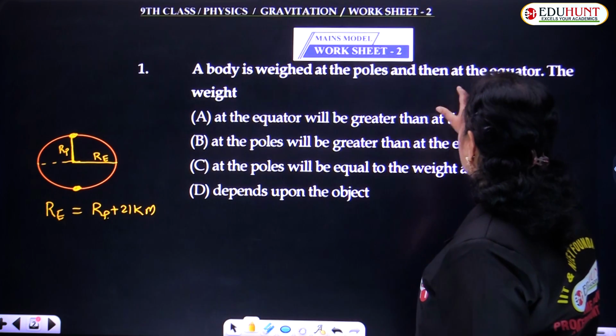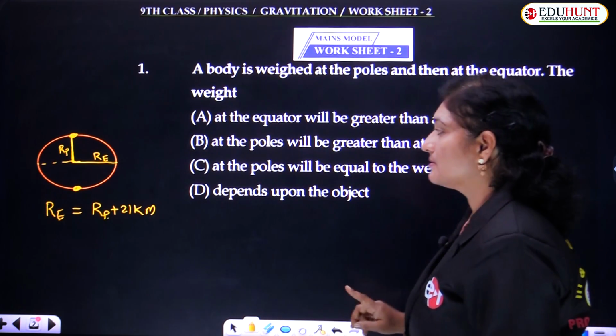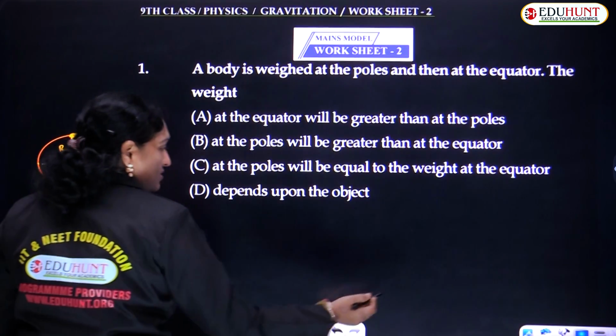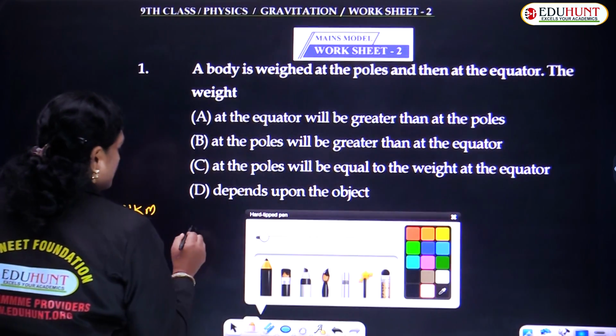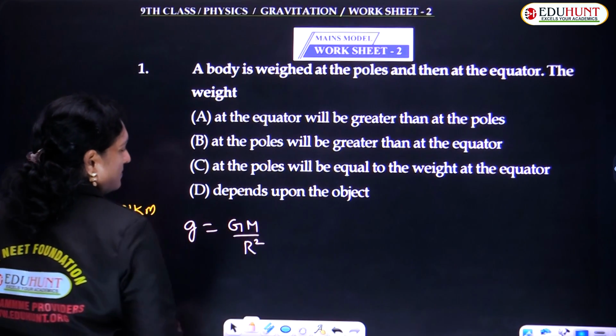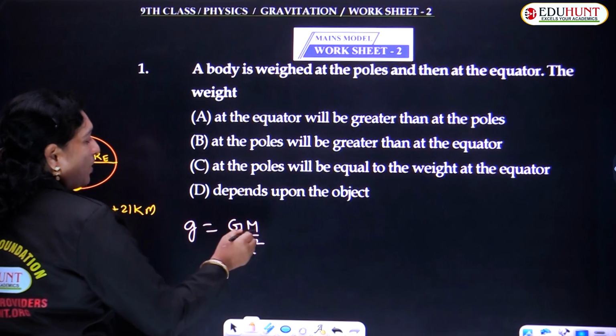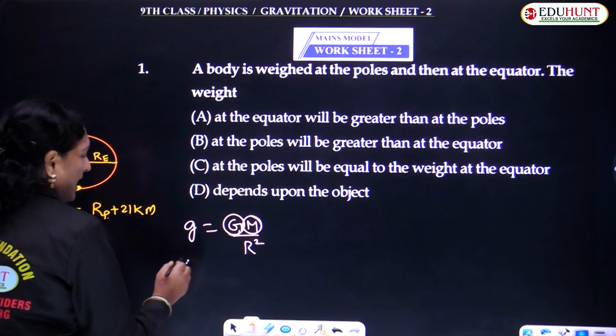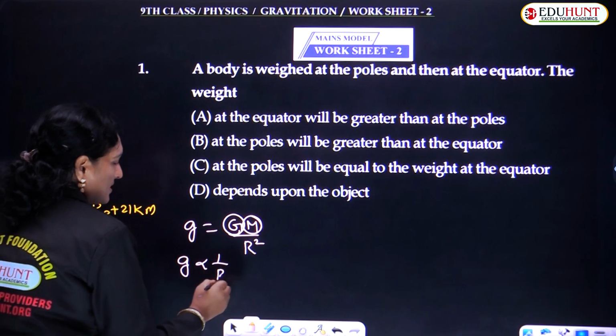So a body is weighed at the poles and then at the equator. As we know the formula for g, g is equal to GM by R square. The value of g is equal to GM by R square. Same body, so same mass, same G. So clearly we have g proportional to 1 by R square.